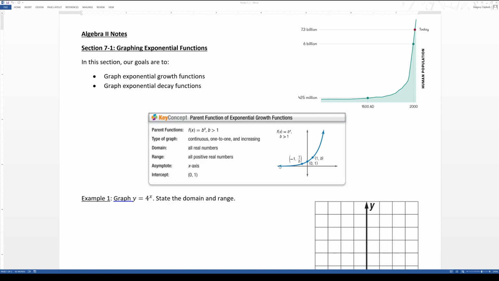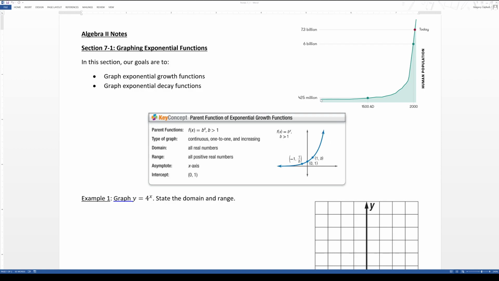As we go to the right, it starts climbing very slowly. You might not even see that it's increasing here. But as we keep going along the curve, we see that it starts increasing at a greater and greater rate. And by the time it gets up here, it's increasing very rapidly. And if it were to keep going, it would get even steeper and steeper. That is the basic form of an exponential function.